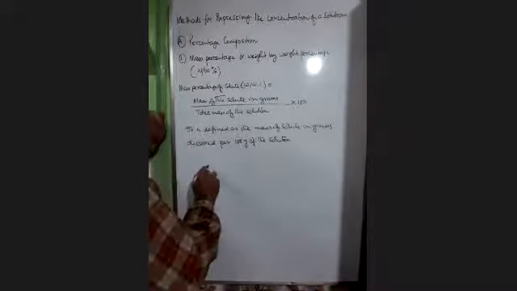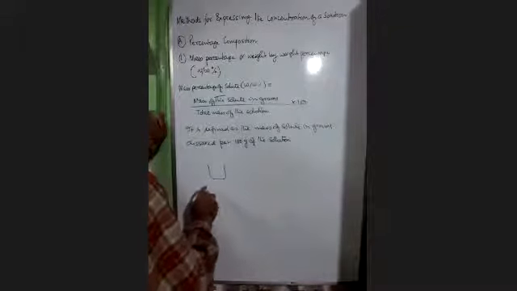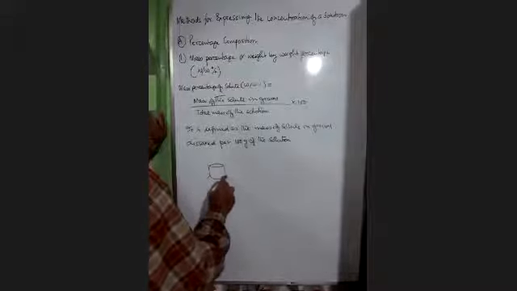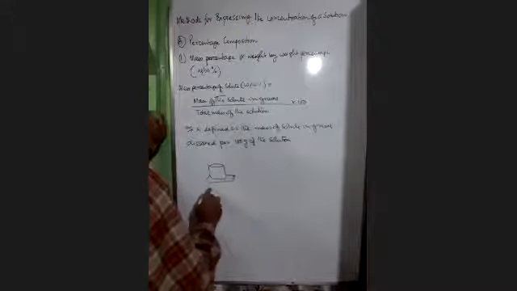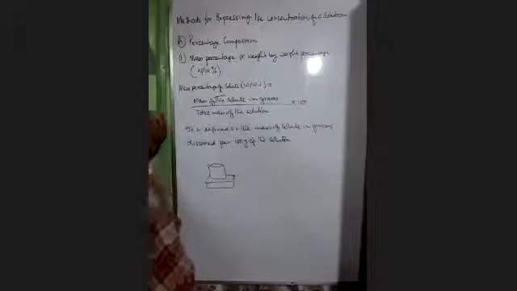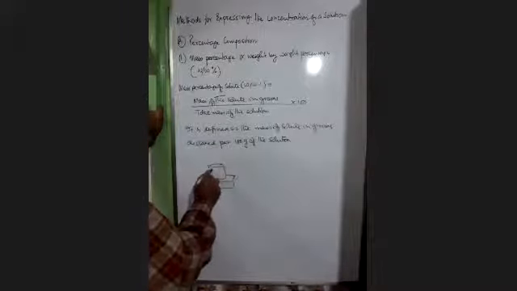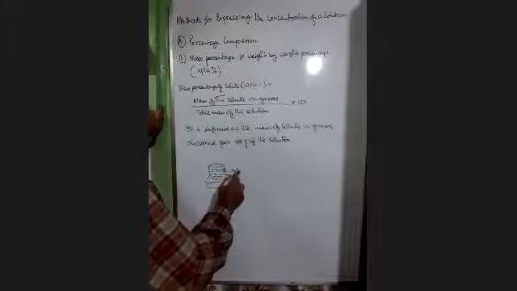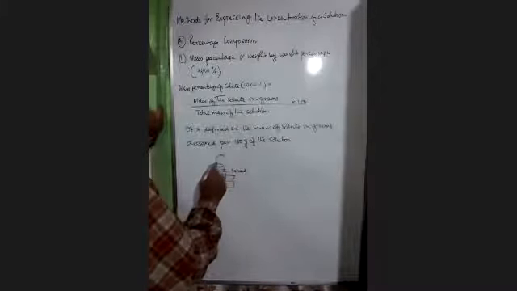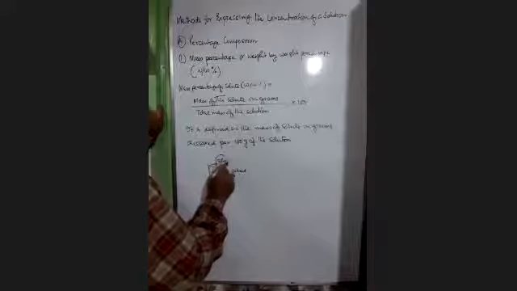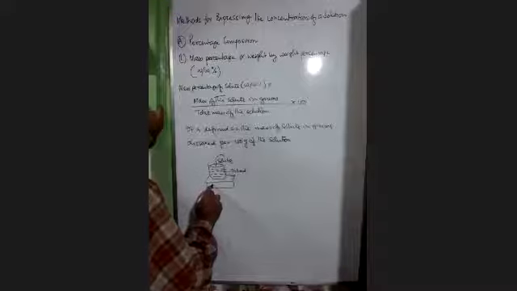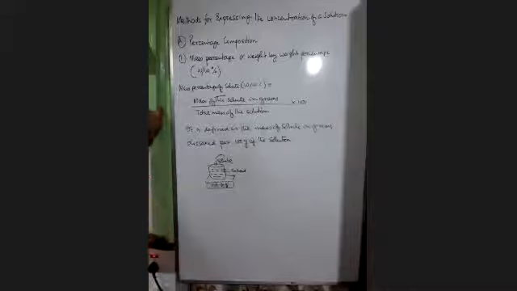That is, suppose you have taken a beaker. Okay, this is the weighing machine you have. And you have added solvent, and you have added solute.